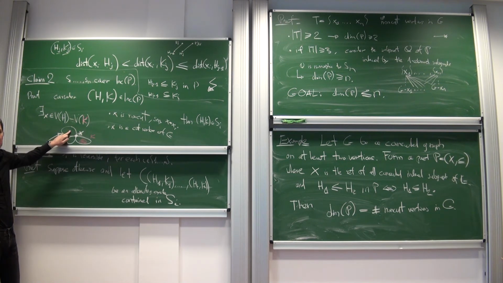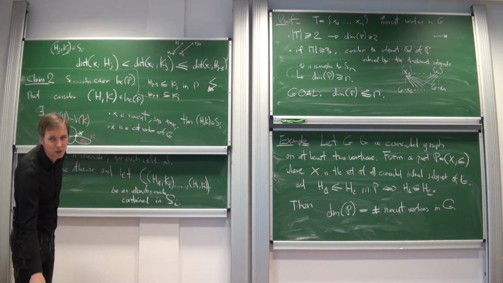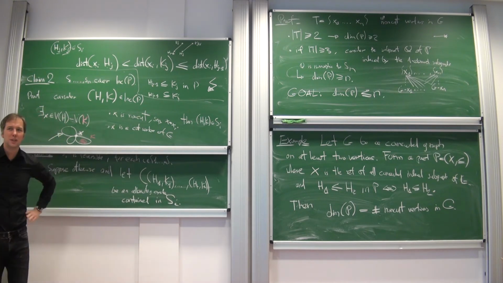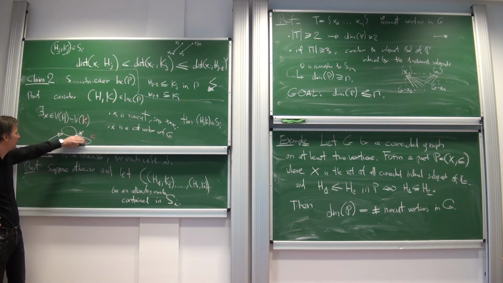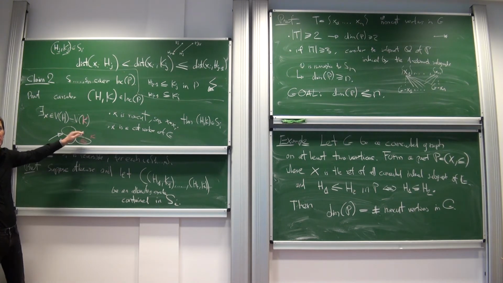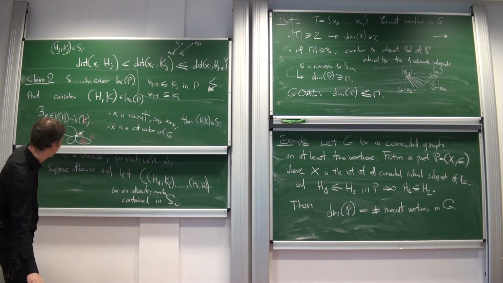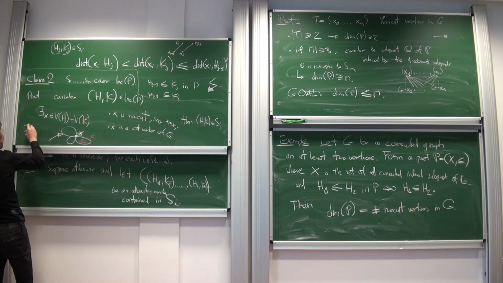And now, if you consider this component, the only thing we need is that there is a non-cut vertex of the whole graph in this component. It took me a minute to actually verify this claim, but this is pretty cool, I think. What you should look at is, you take this component together with X, it's connected, so take a spanning tree of it, and consider a leaf of that spanning tree. This vertex for sure is non-cut, because if you remove it, the remaining stuff is connected. So that's the reason that there exists Y that is non-cut here.